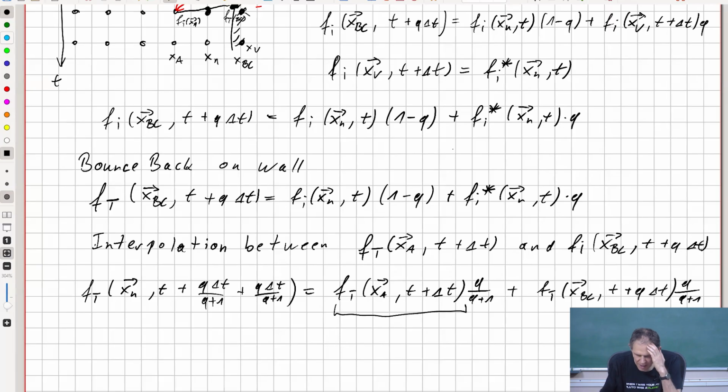This thing here is something that we also know, because it's the pre-collision state in the next time step of our neighbor, and because it's coming from us, it is equal to the post-collision state at the boundary node at the current time step.